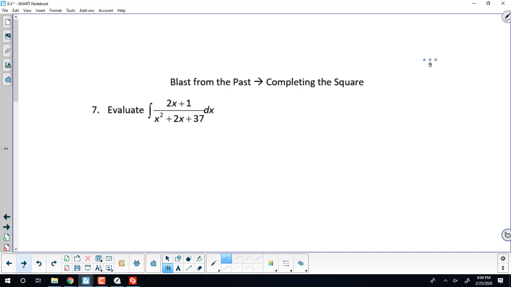So what we're going to do first is complete the square on the bottom. Half of 2 added, we have x plus 1 squared. And we subtract 1 from 37, so plus 36.